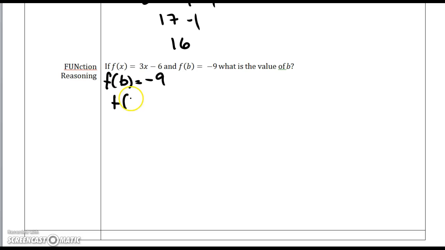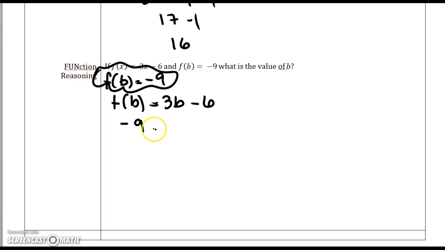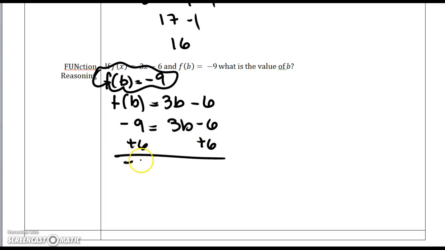F of b, so going back to this one right here, F of b would be 3b minus 6, except I also know this little wonderful tidbit of information, that this part is already equal to -9. So if I want to find out what b is equal to, I'm just going to plug in the -9 and then solve. So -3 equals 3b. Dividing by 3, I find that the b is equal to -1.